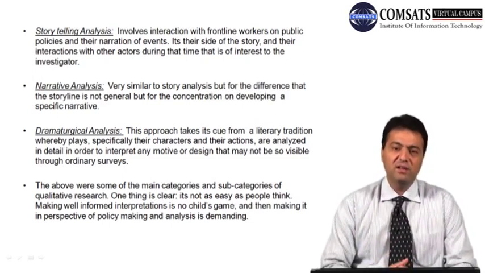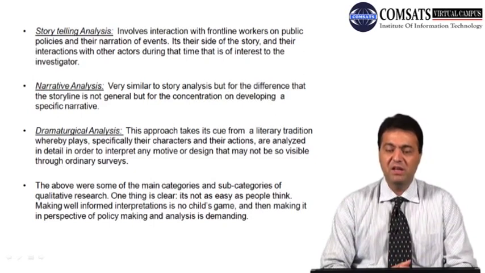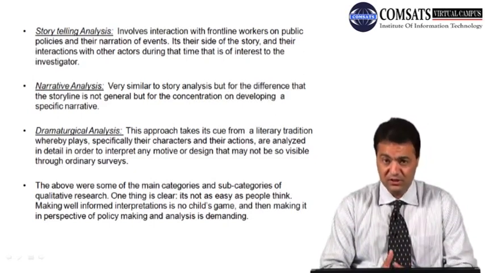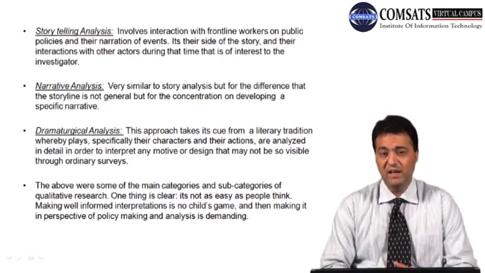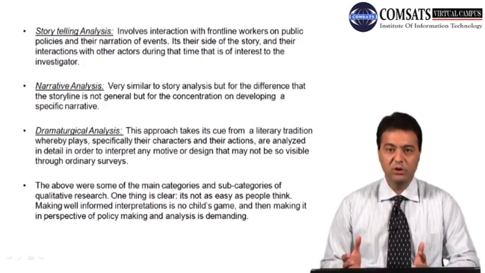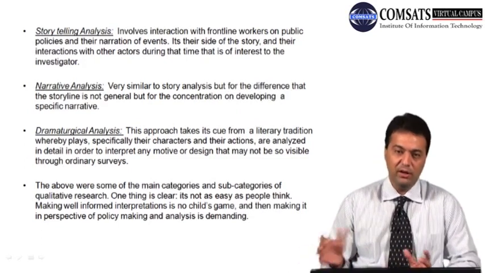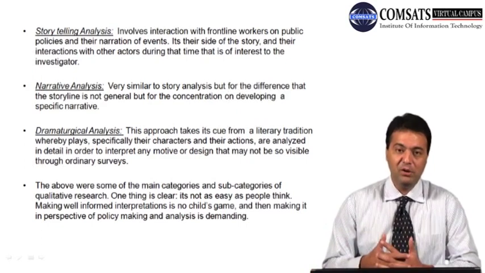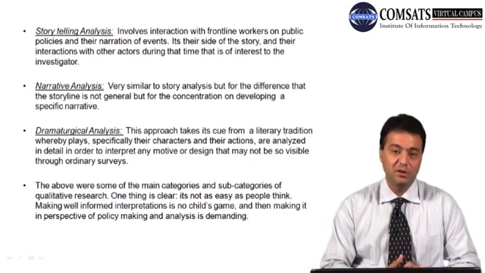These kind of things are part of interpretation. It's a literary tradition. In fact, I've heard that in England they have now a whole department specifically devoted to Shakespearean studies, all his plays that he has written and their interpretation, and they have a degree in Shakespeare studies.